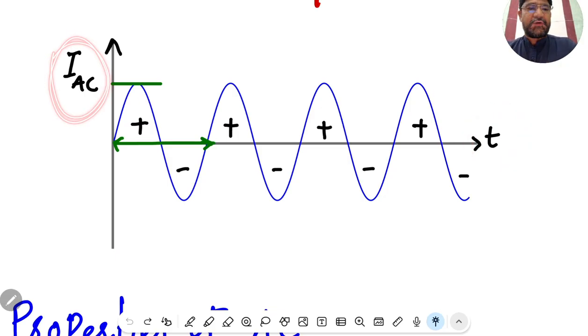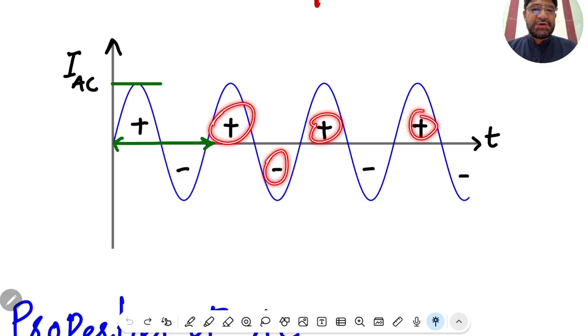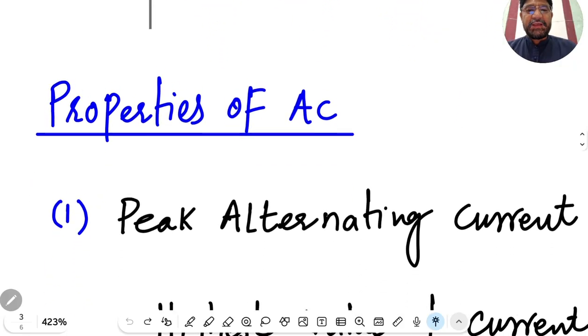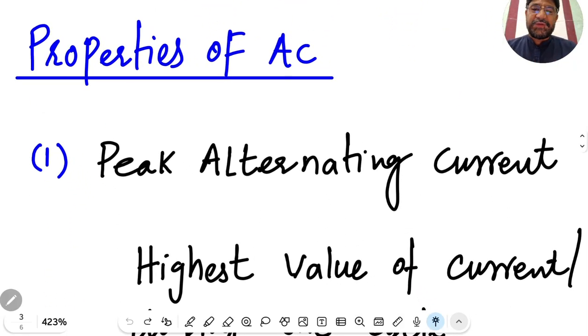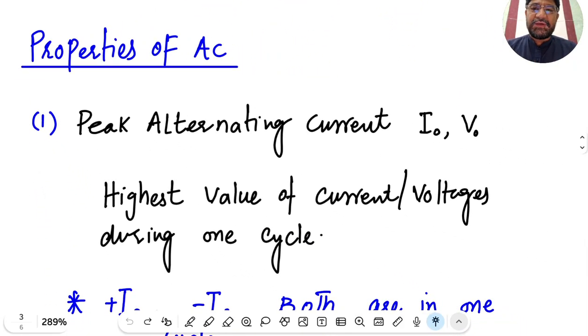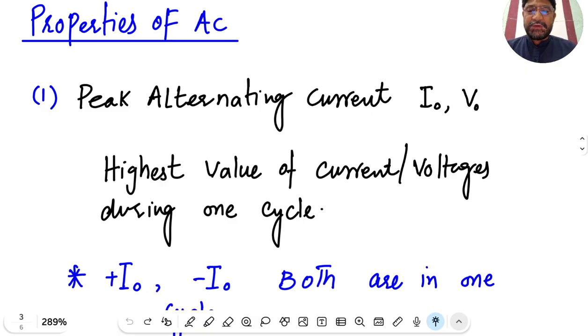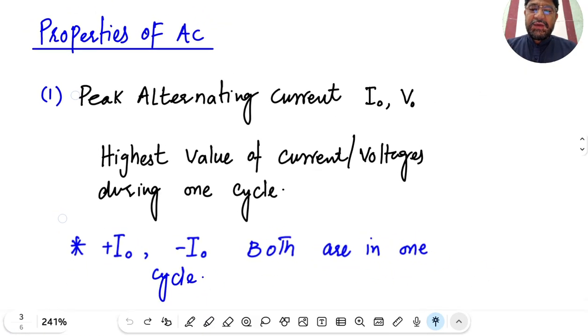Did you notice it is 0, maximum positive, 0, maximum negative, again 0 for one cycle. For half of the time it is positive, and for the other half it is negative. So that is a periodic variation. I will talk about some properties of the alternating current, then I will discuss its frequency and how we can figure it out.